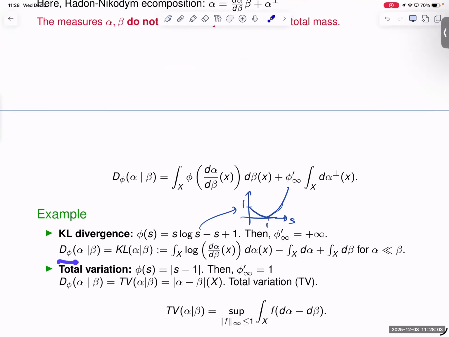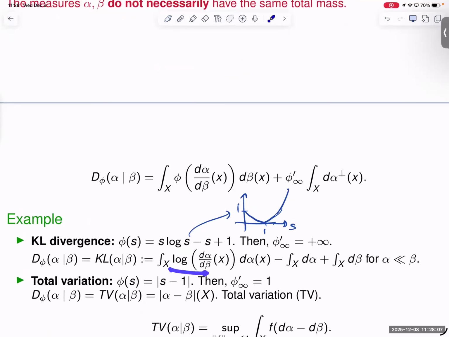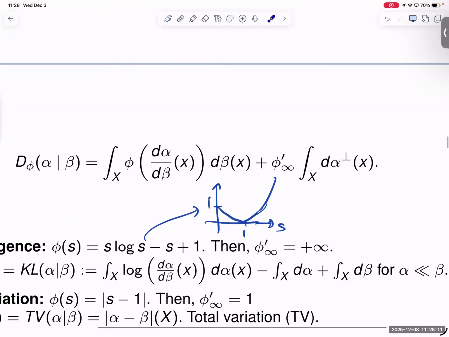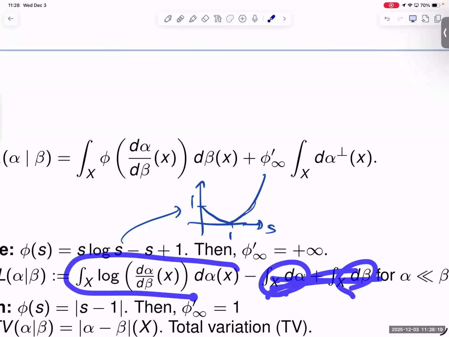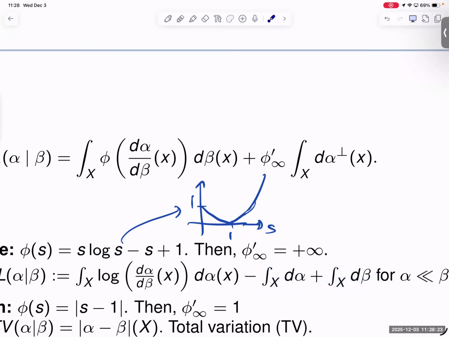Okay, then this KL divergence in this context can be written in this way. And you see, if you consider probability measures, KL divergence between probability measures, then of course this cancels out. So that is exactly the same formula as we saw before. Making sense?